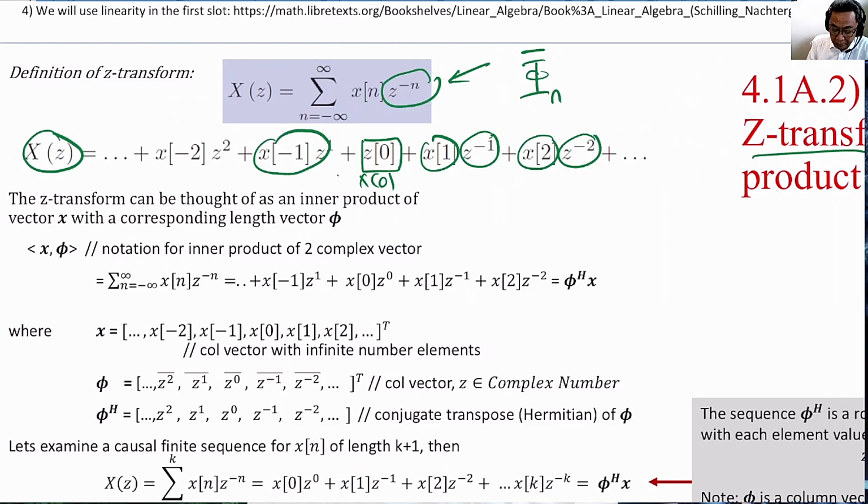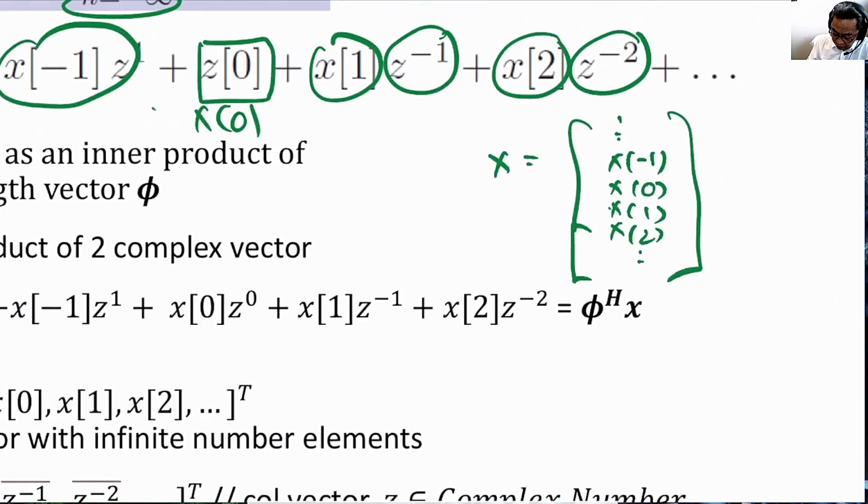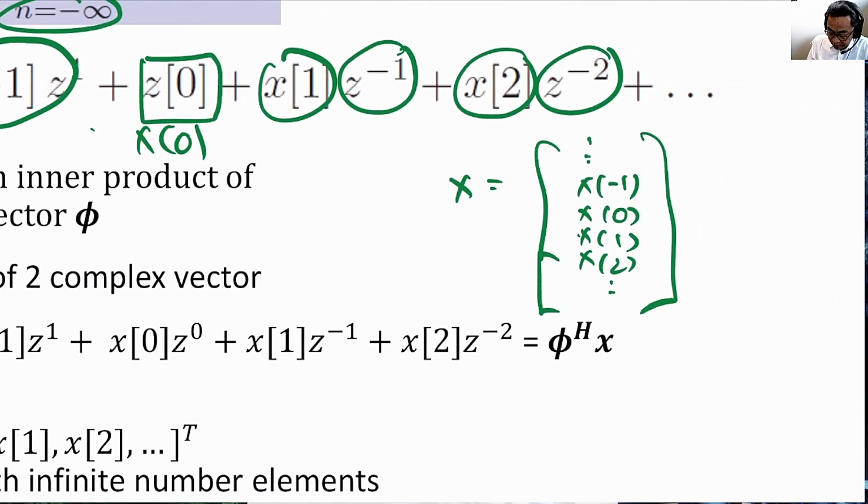So this is a bilateral Z transform. If we treat this as vectors, x would be a column vector of x minus 1, x0, x1, x2, and so on and so forth until x infinity. It is a column vector of the elements of x, with n equals 0 being here.